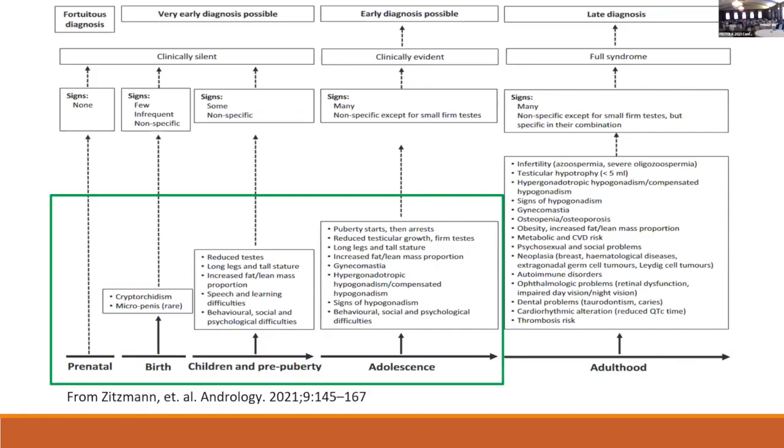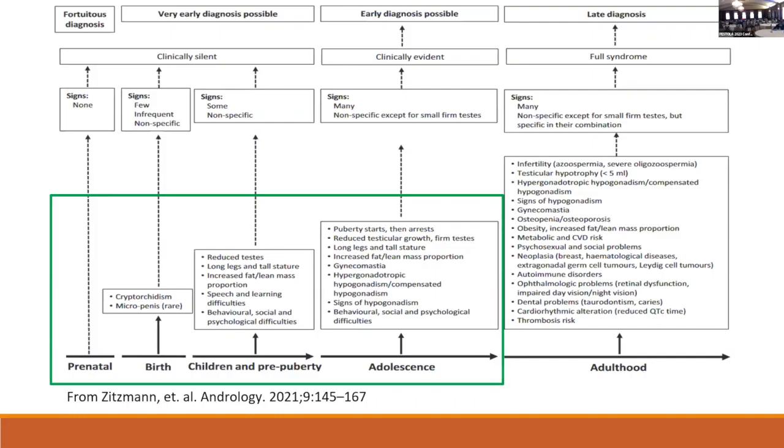As we move on to children and kind of pre-puberty, we start seeing more things. We start seeing tall stature, increased fat and lean mass. We start seeing during school age speech and learning difficulties, and then sometimes behavioral difficulties as well. And then once we get to adolescence, more and more symptoms start to appear. We start seeing issues with puberty.